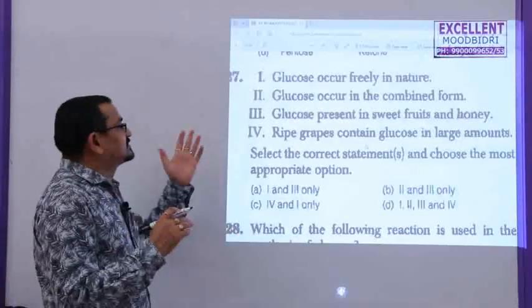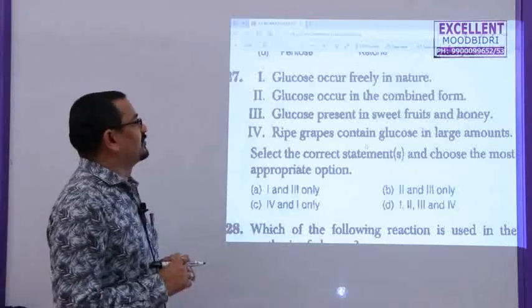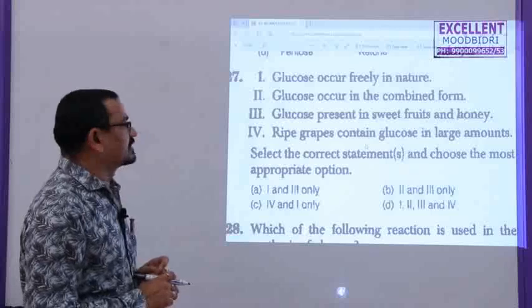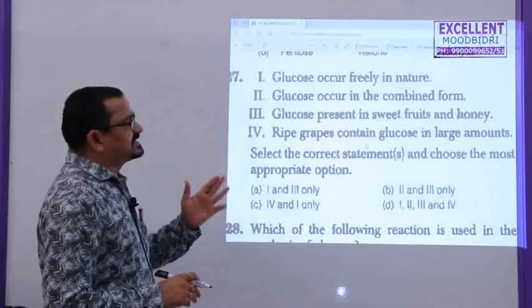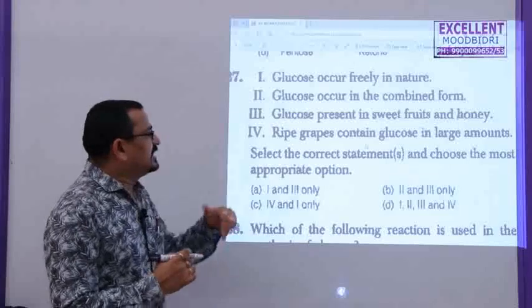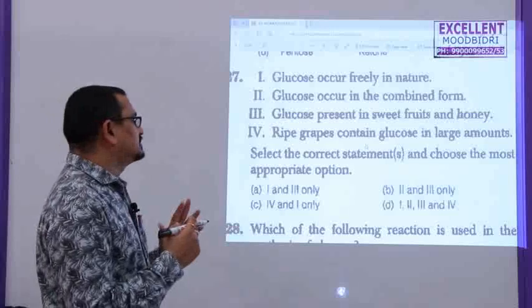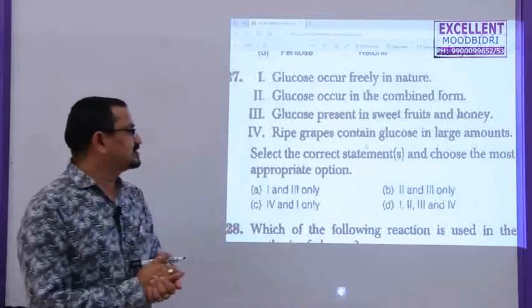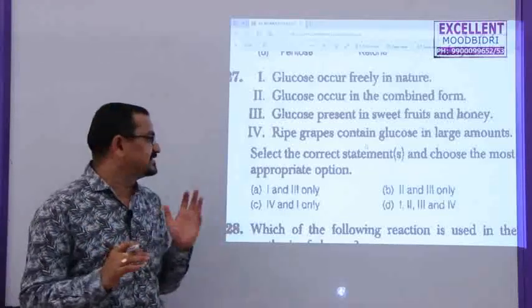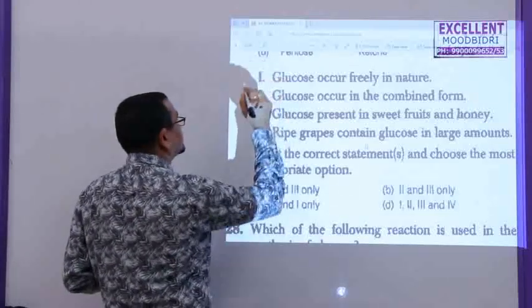When it comes to the next question: glucose occurs freely in nature, this is the first point. Glucose occurs in the combined form. Glucose is present in sweet fruits and honey, and ripened grapes contain glucose in large amounts. Select the correct statements and choose the most appropriate option. Glucose occurs freely in nature, 100% correct.